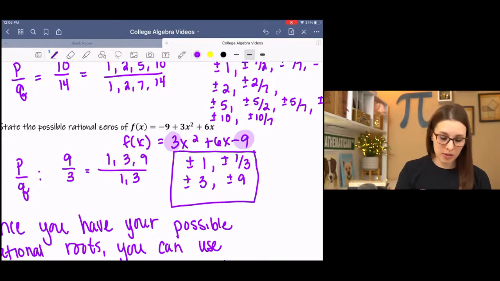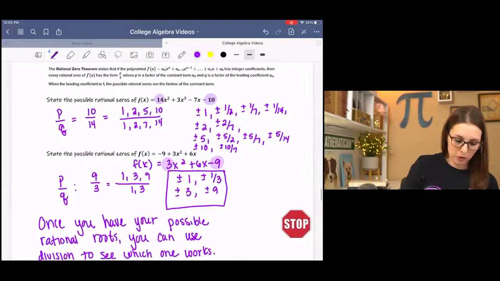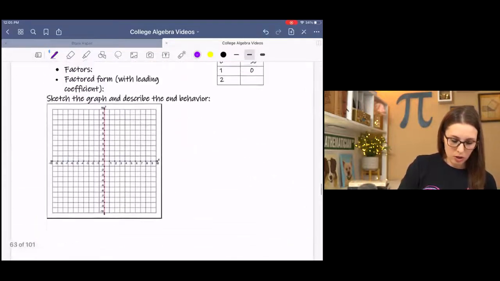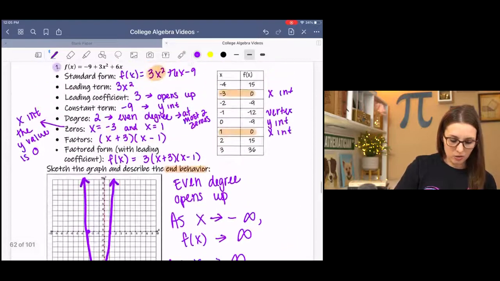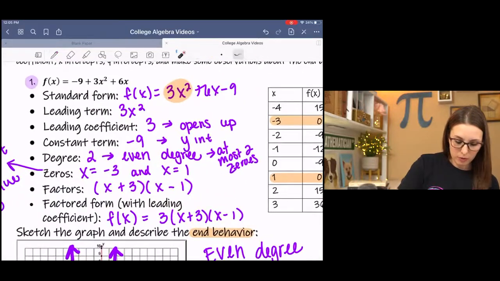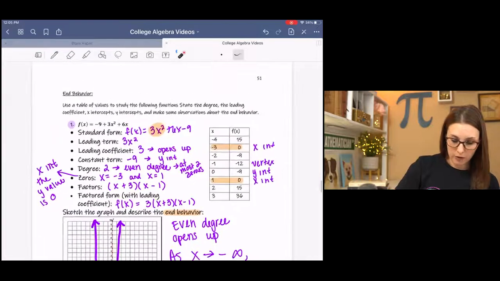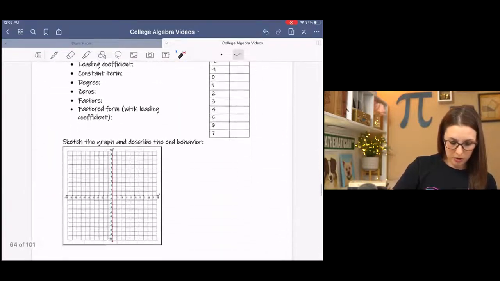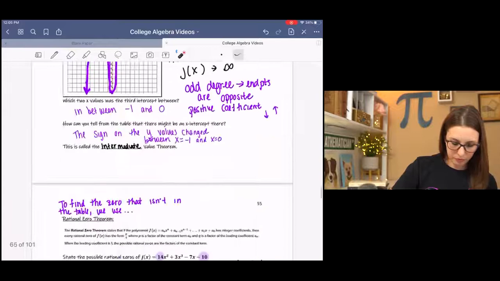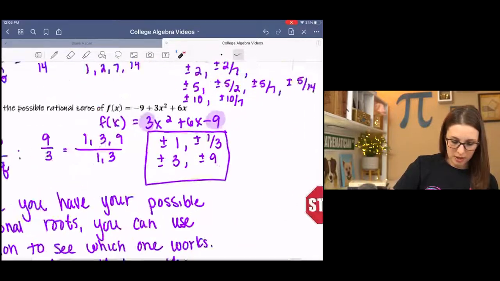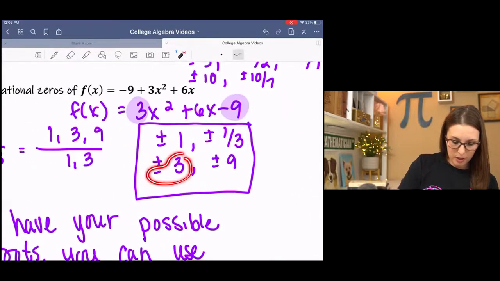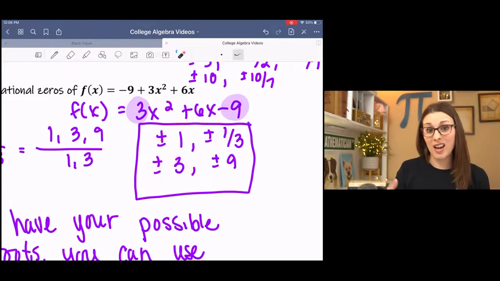Now, luckily on this one, we already found from the very first example that we could see those from the table of values. We found that the two zeros were -3 and 1, which, if you go back here to our possibilities, you can see that -3 and 1 are in that list.